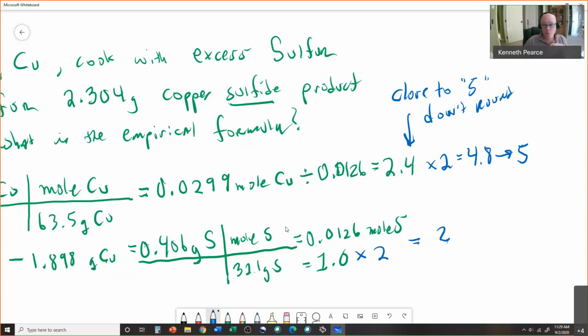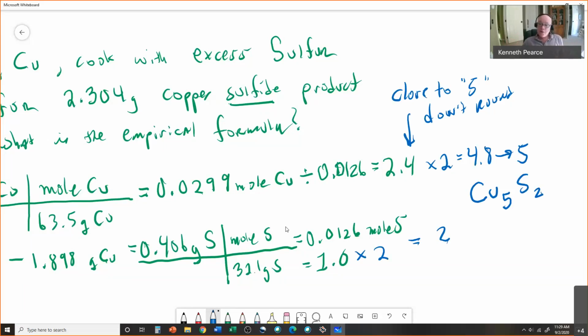So the final copper product is maybe Cu5S2. Now that's a pretty odd compound, because generally speaking, copper comes in 2 flavors, copper 1 or copper 2. But that's what you get.